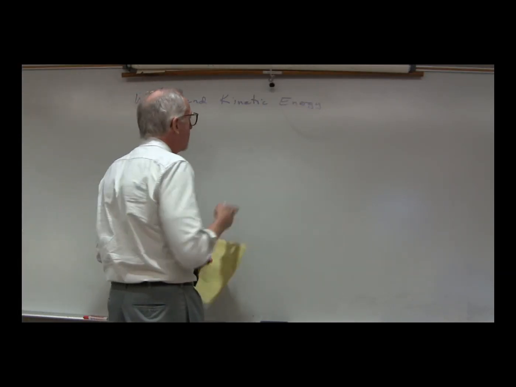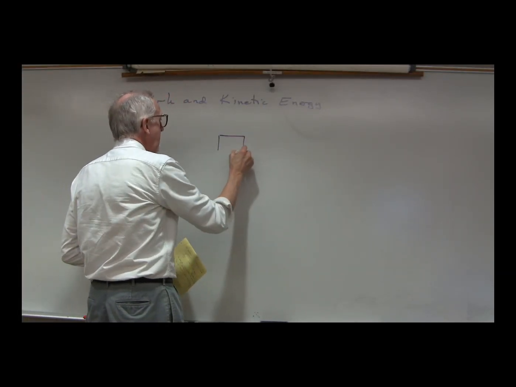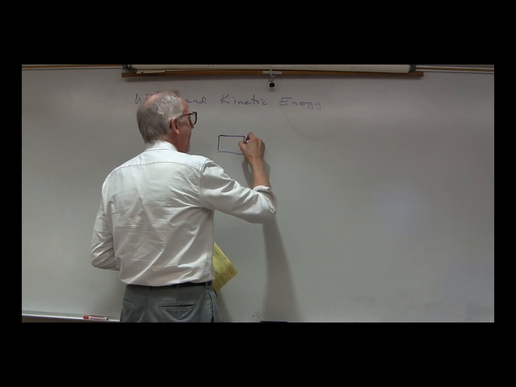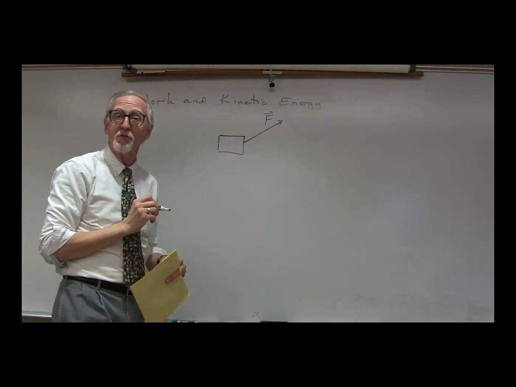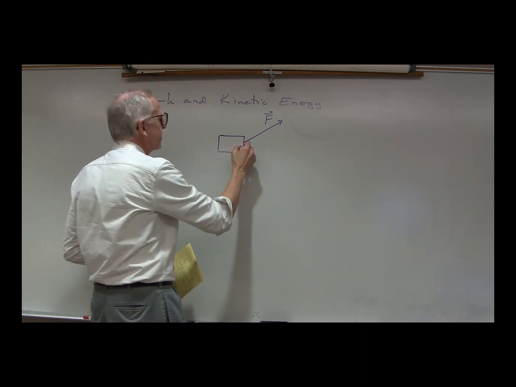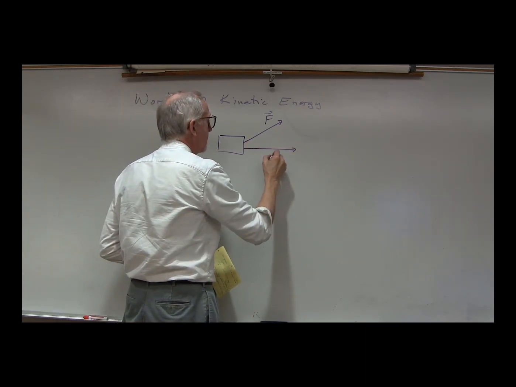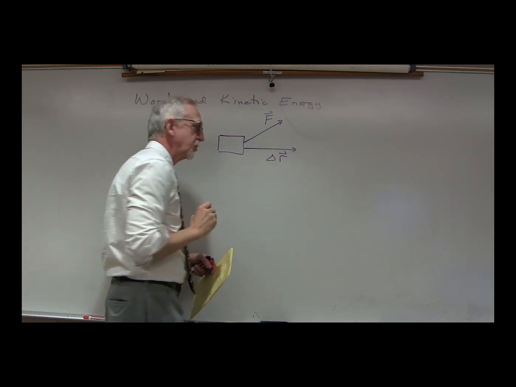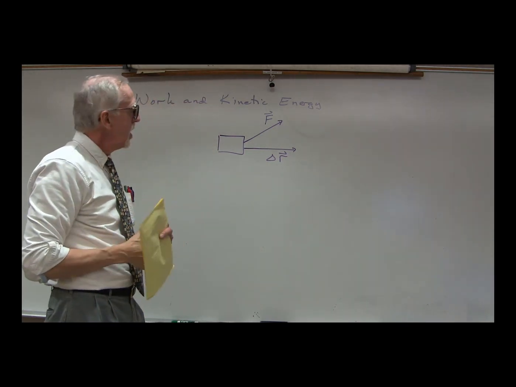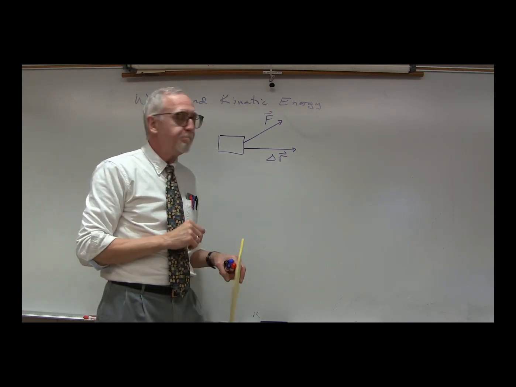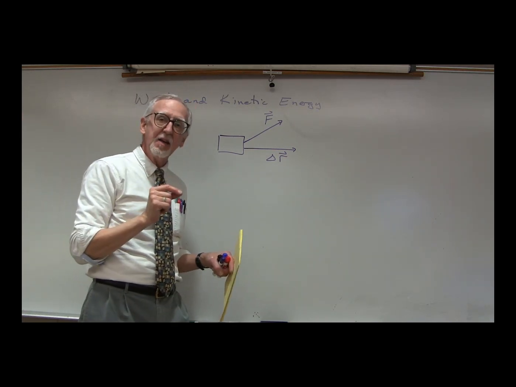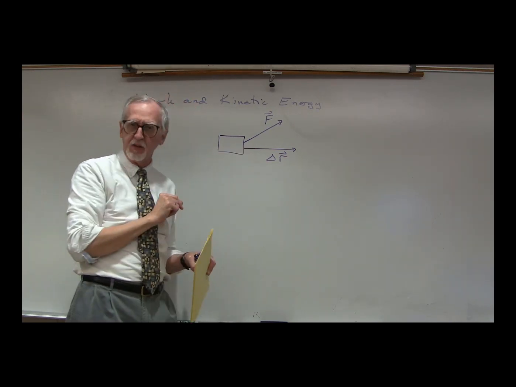Let's imagine again that we've got some object and we have some force acting on it, some force in a general direction. I'll call this the force vector F. And we've got some displacement. So here's our displacement. I'll call that the displacement delta R. But for the moment, let's define our x-axis as along our displacement.